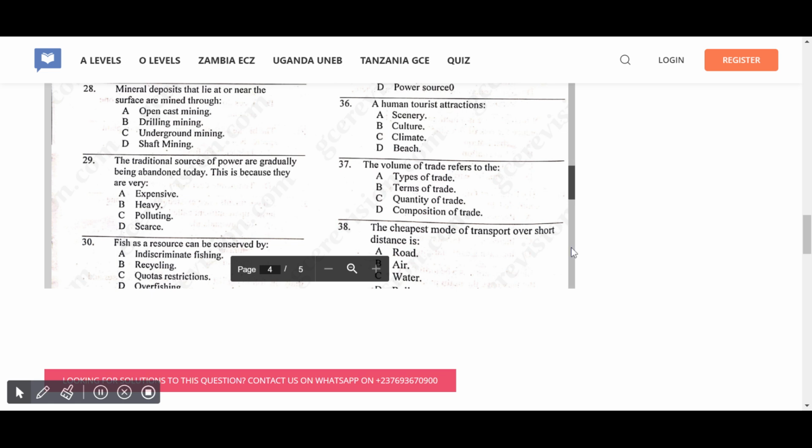Question 37. The volume of trade refers to... The answer is C. Quantity of trade.